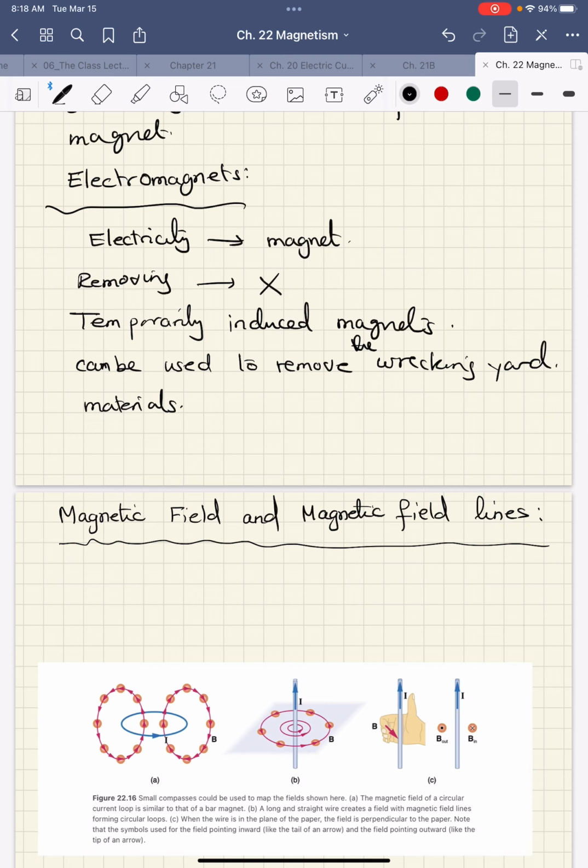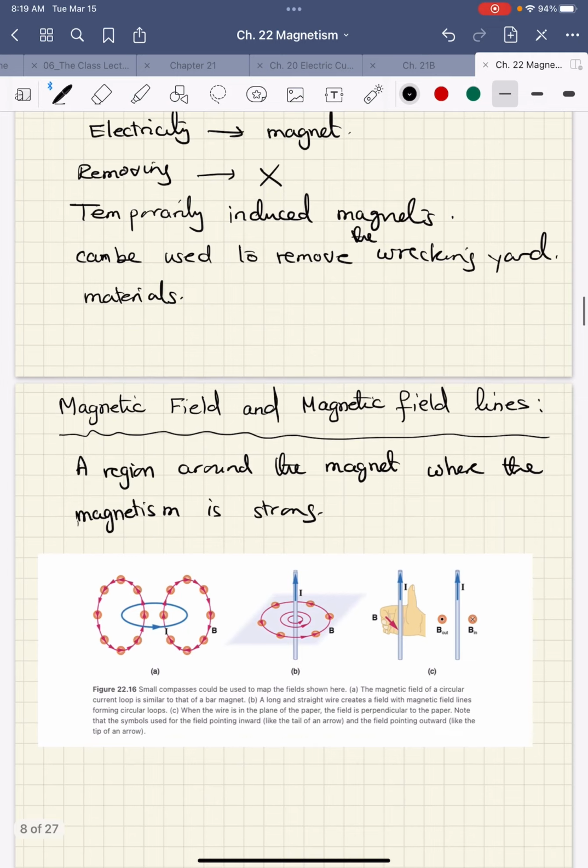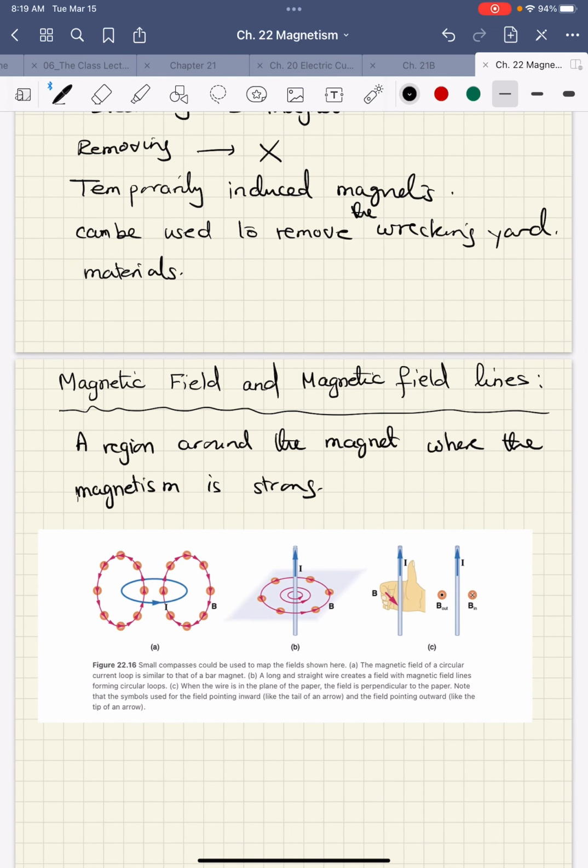Remember, magnetism, or magnetic force, is one type of field force, and there is a region around the magnet where the magnetism is strong.